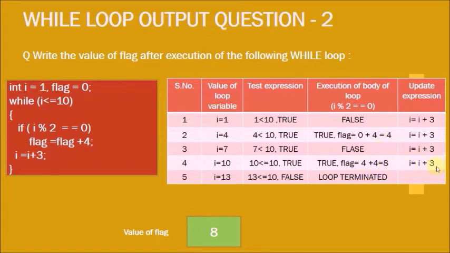And then the update expression is executed. I equal to I plus 3. Now the value of I was 10. So 10 plus 3 becomes 13. So 13 less than equal to 10 is false. So the loop will terminate. And the value of flag after the termination of the loop was 8. This was the final value of the flag.